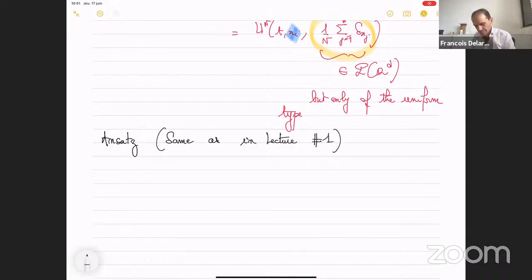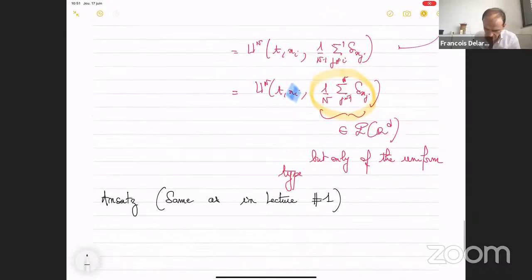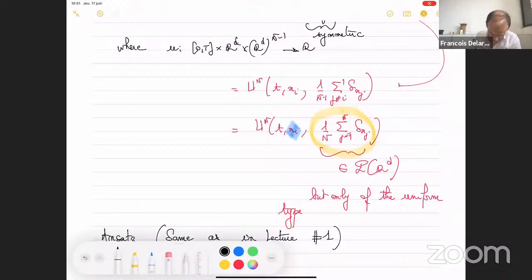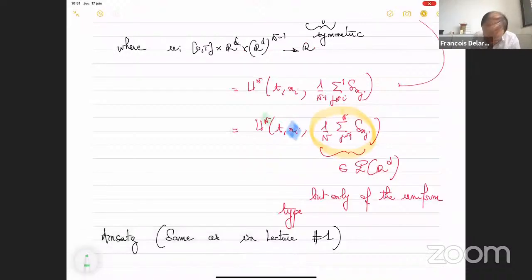If you remember, what I told you on Monday was that it was pretty reasonable to say that, asymptotically, it was possible to remove the N in green here, so saying that UN could be approximated by a function that is defined on the space of probability measures.